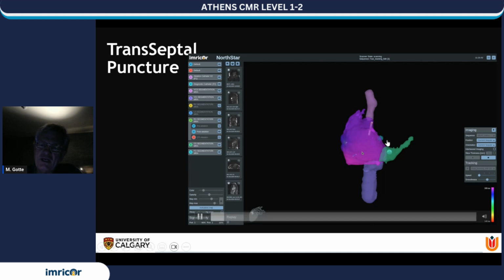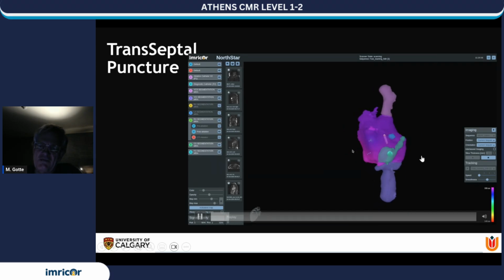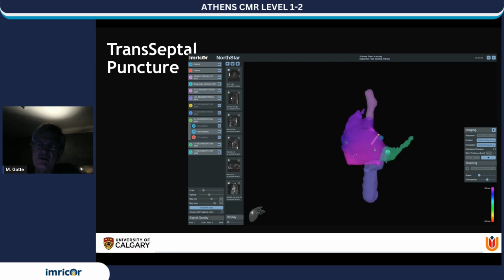So this green area is the fossa ovalis, segmented. And you can see how the electrophysiologist maneuvers his catheter into position as if it is the sheath with the needle. And you can see that this is relatively easily performed.